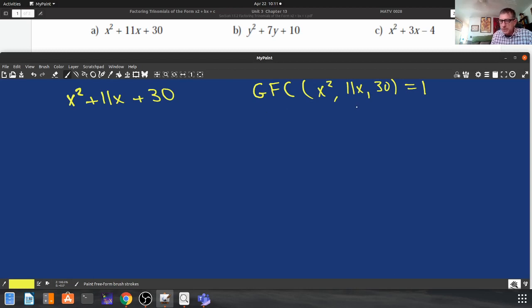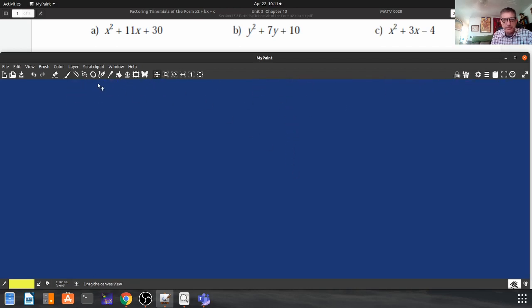But sometimes it's not. So if the GCF is not equal to 1, then you first factor out the GCF. And I think we might actually be doing some of that in today's lecture. So with that said, let's just start the method.